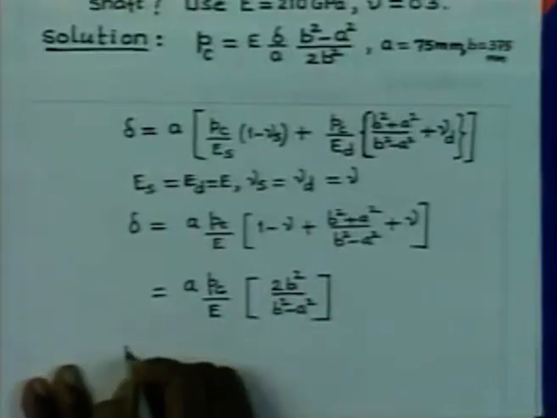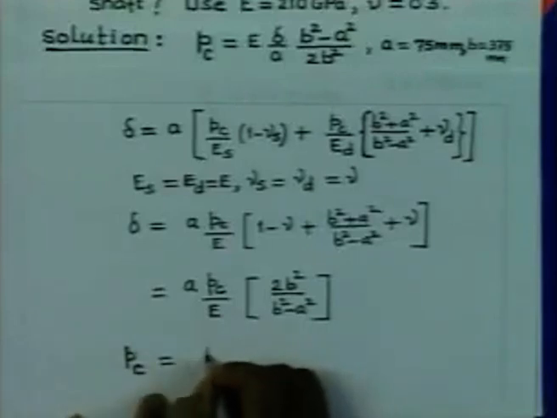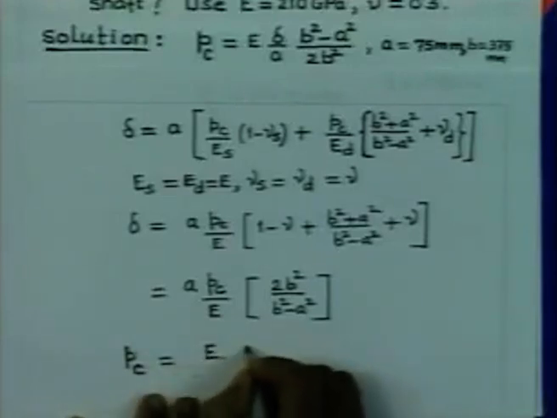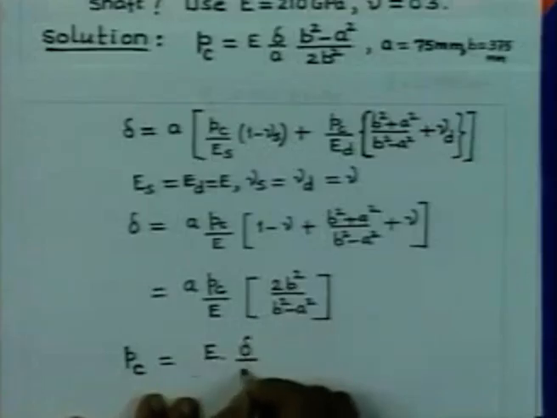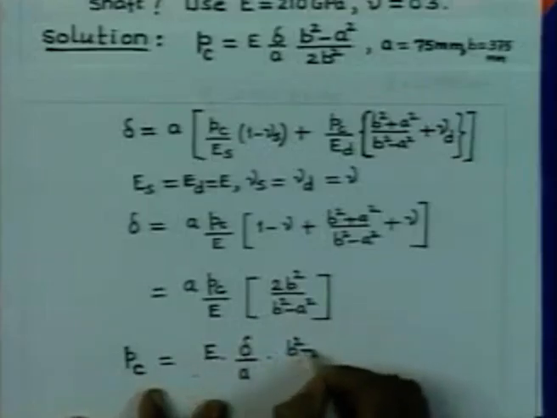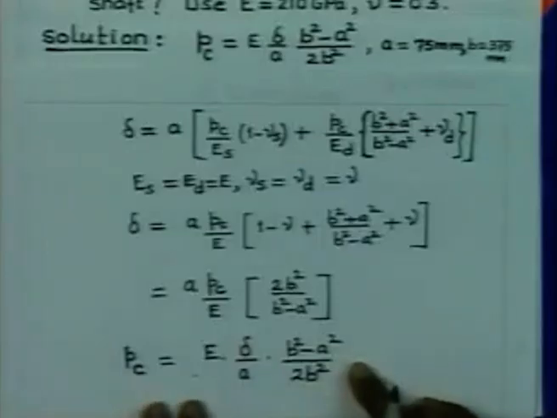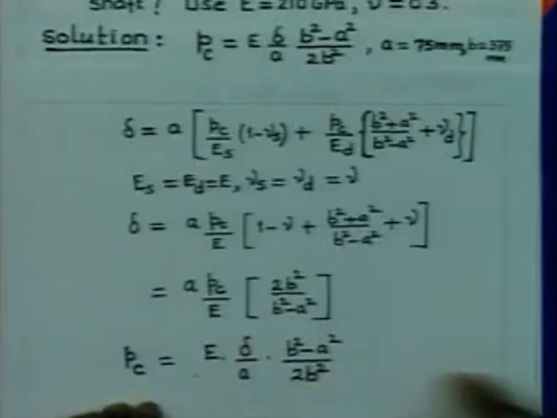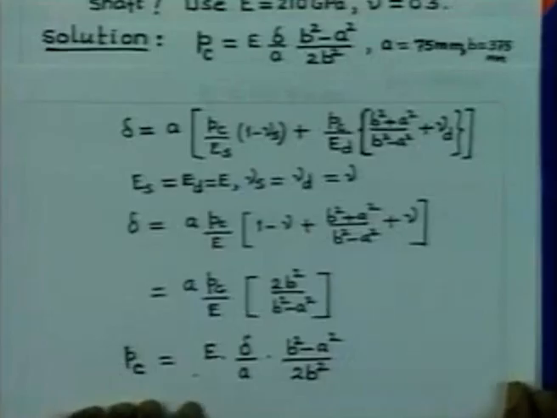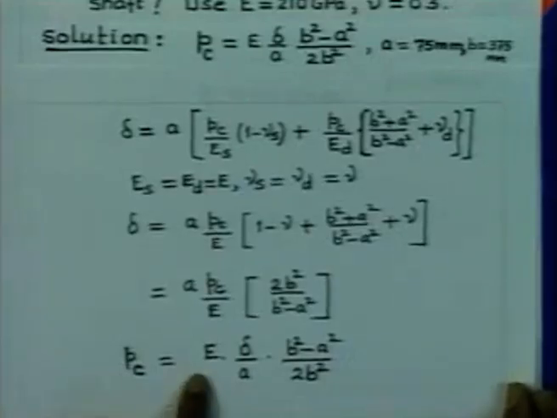Therefore, Pc is equal to E delta by A into (B square minus A square) by 2B square. So, that is the relationship for a situation of the type that we have considered.